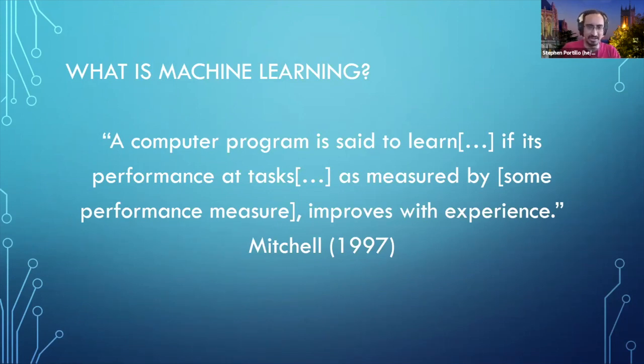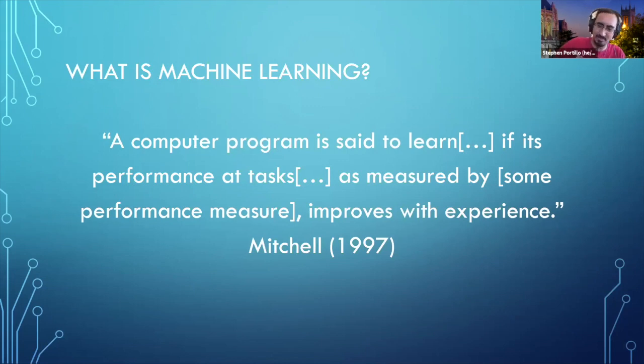Here's one definition I've chosen: a computer program is said to learn if its performance at tasks, as measured by some performance measure, improves with experience. Okay, so this is a fine definition. This is the one that I follow. But what is this sentence really saying? Let's try to unpack it a bit.